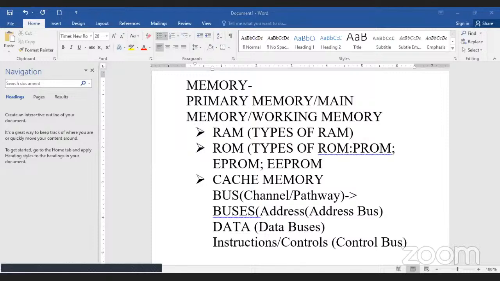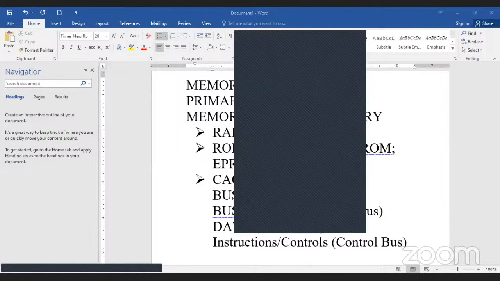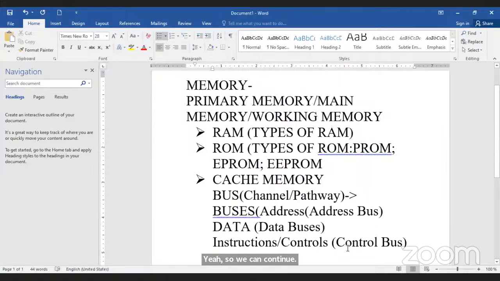Yeah, we can continue from where we have stopped. We have 4 types of buses. I mentioned the address bus, data bus, control bus, and then you have some buses that connect peripherals, called the peripheral bus.